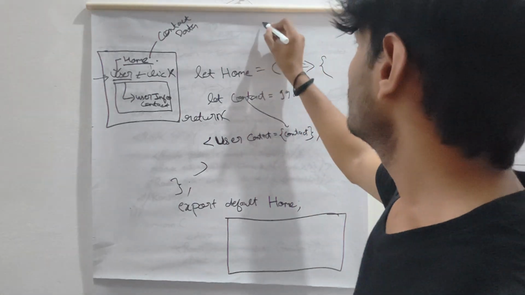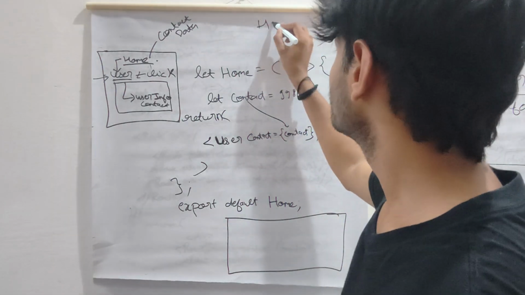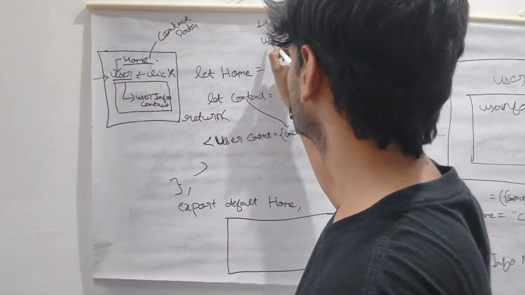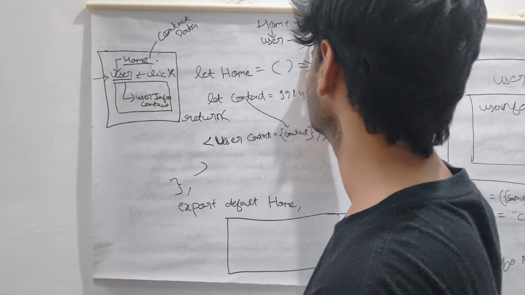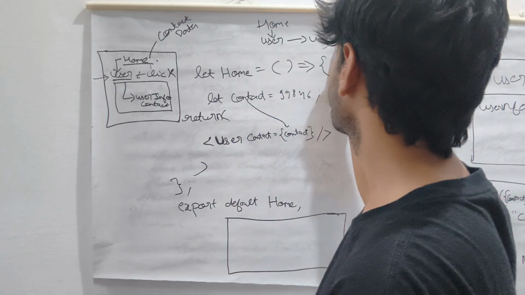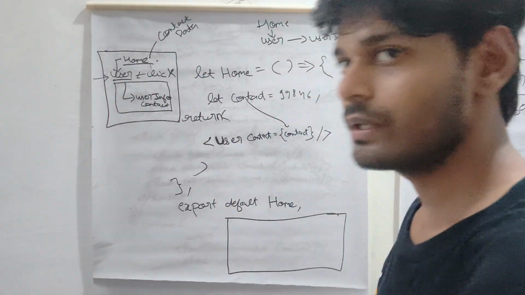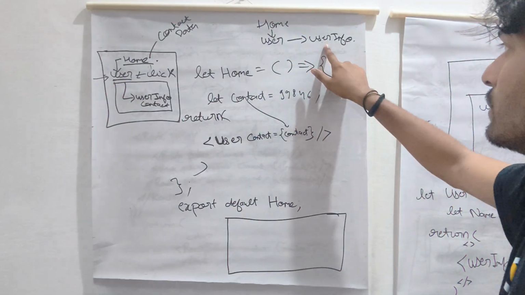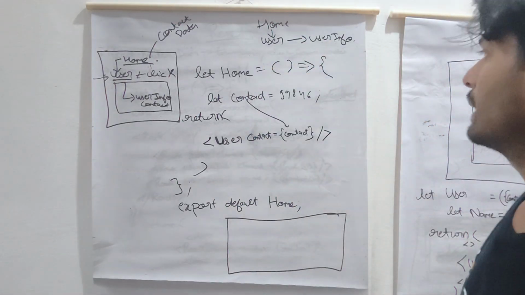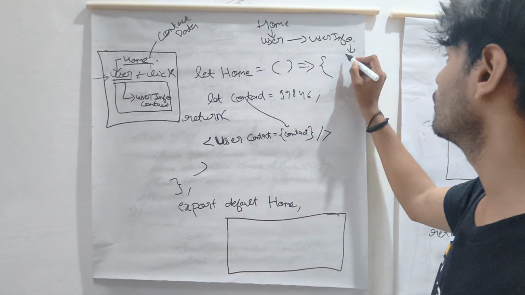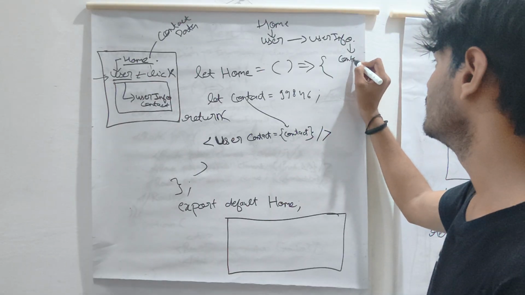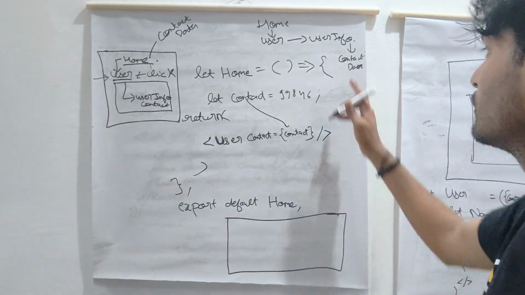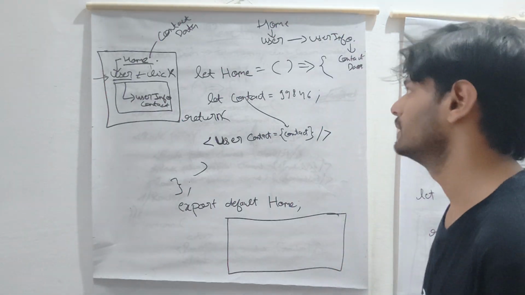The home page has user, and the user has user info, and in this user info I have to show this contact data.